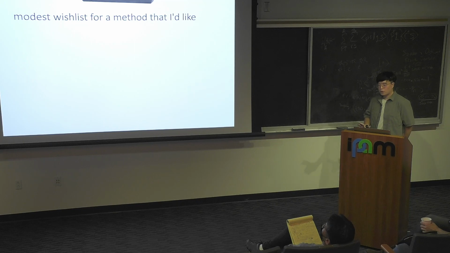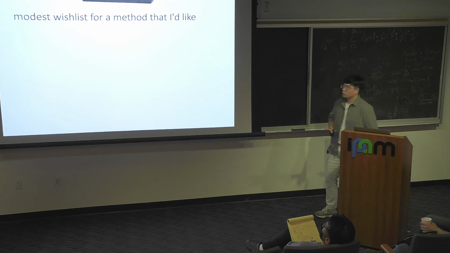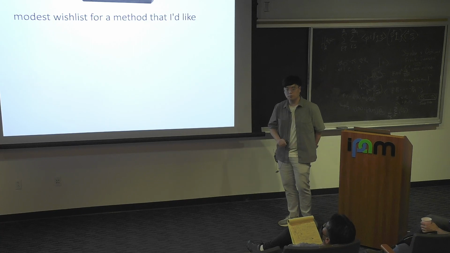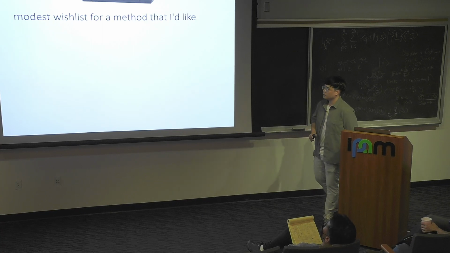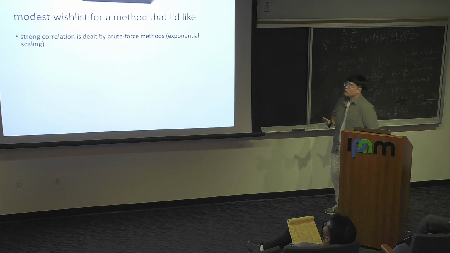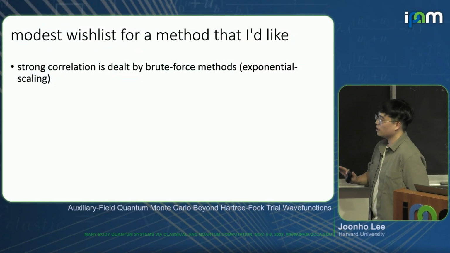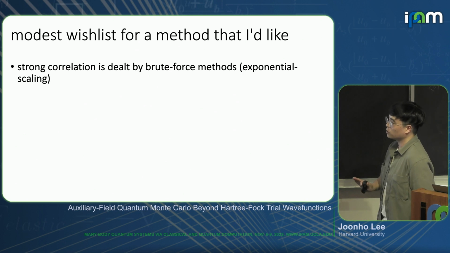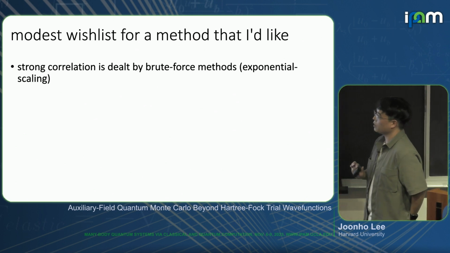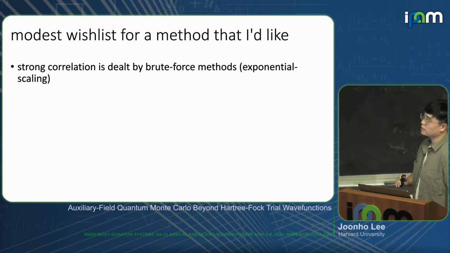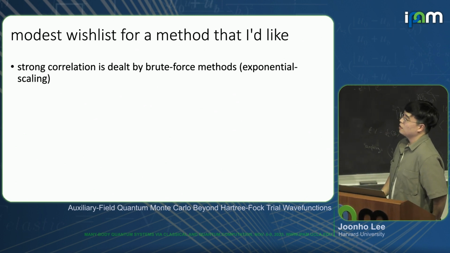And I do have a modest wish list for a method that I would like to use myself as a quantum chemist, given these two types of electron correlation we have to think about. Strong correlation, I'm going to be fine with using a brute force method. As I said, there has been no successful method that is generically applicable to any type of problem without scaling exponentially.